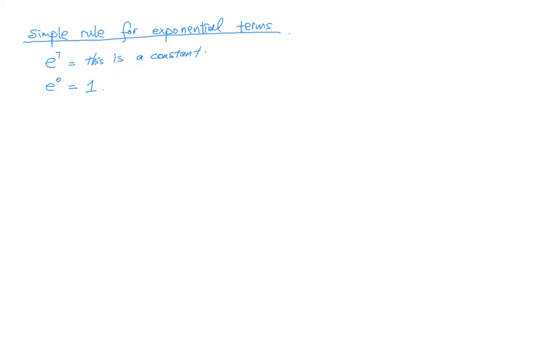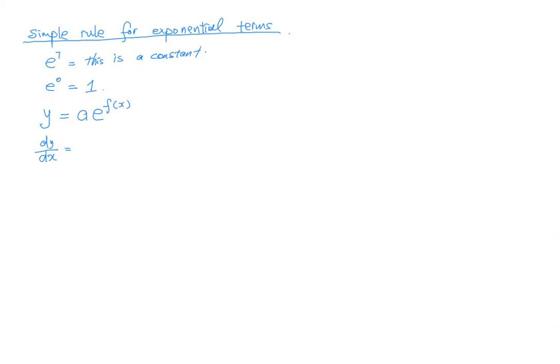Now, if I have an exponential term like that, y equal to a number times an exponential term, then the power depends on x. So how am I going to find the derivative for this term? That means I want to find the slope function, the rate of change function.